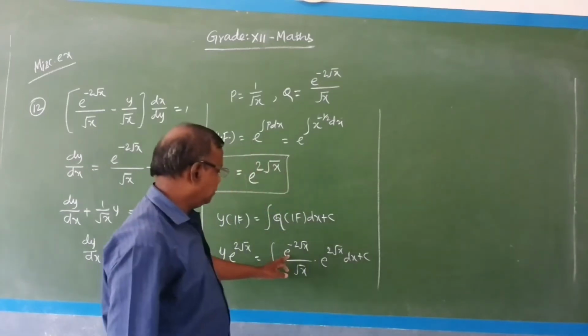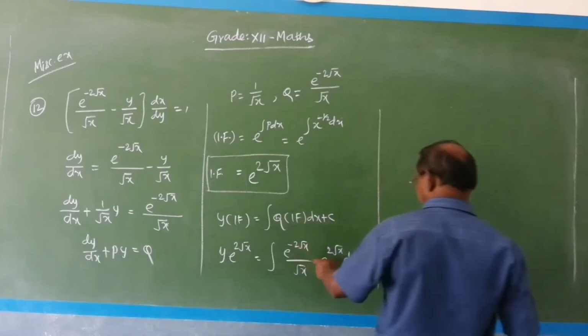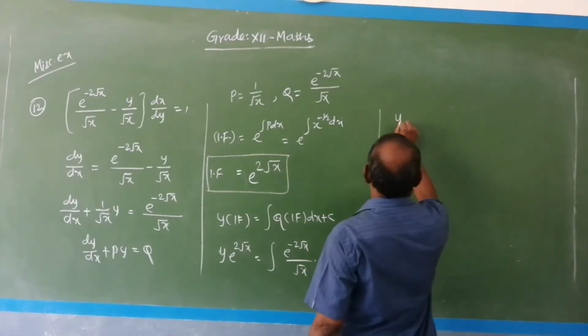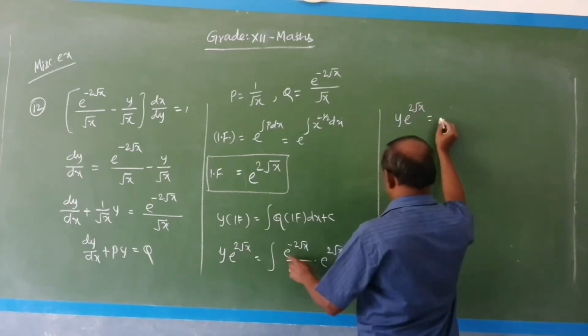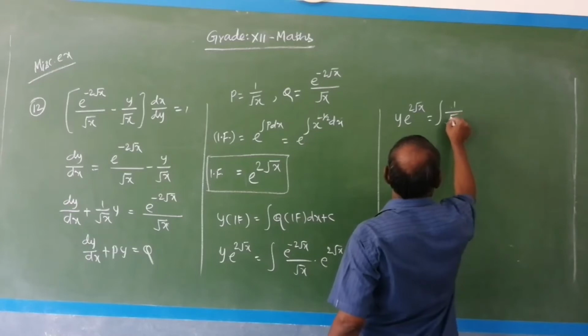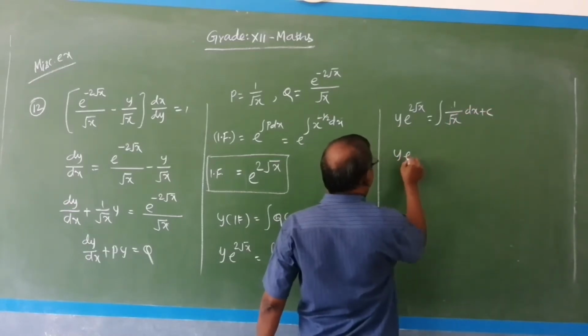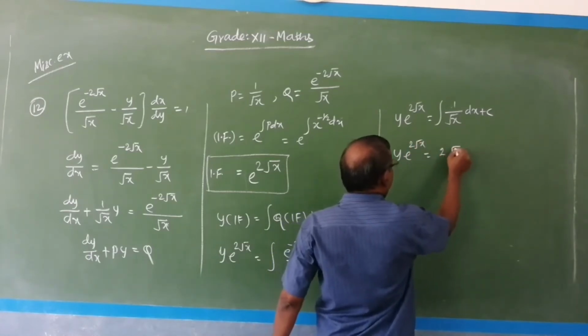E power minus 2 root x into e power plus 2 root x equals e power 0, which equals 1. So the equation is y into e power 2 root x equal to integral 1 by root x into dx plus c, or y into e power 2 root x equal to 2 root x plus c.